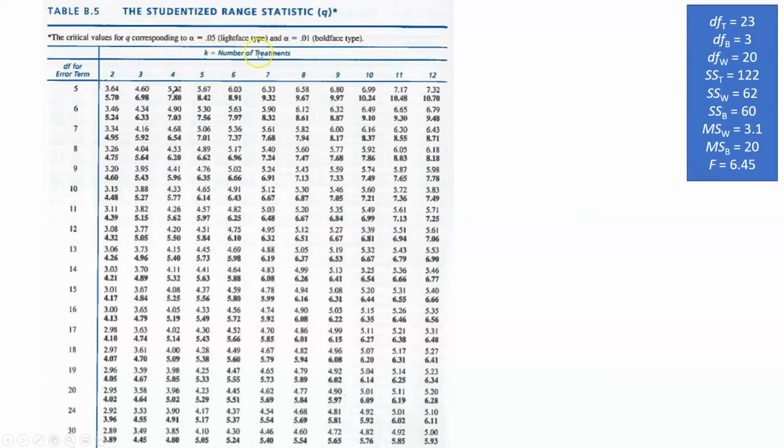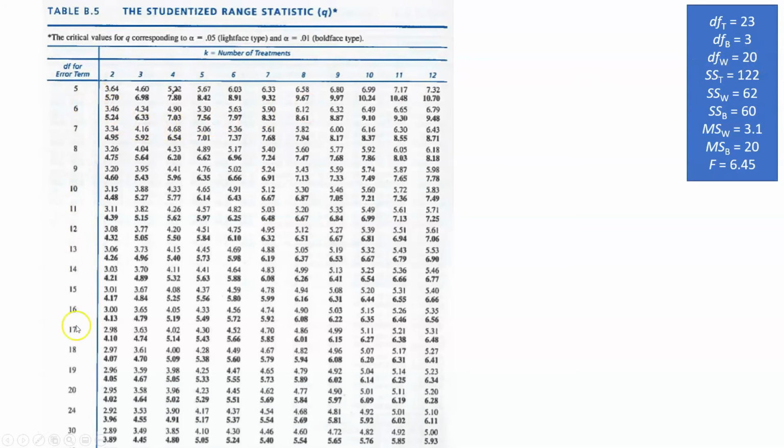We have 4 conditions, 4 numbers of treatments. The first one was read the material once, the second one was read the material twice, the third one was answer questions somebody else prepared for you, and the fourth one was answer questions you wrote yourself. So we find the intersection between the number of treatments and DFW, which we computed as 20.